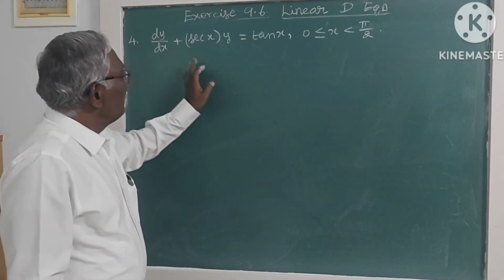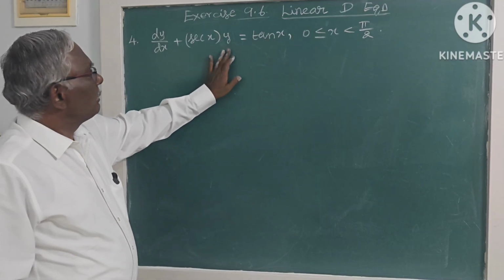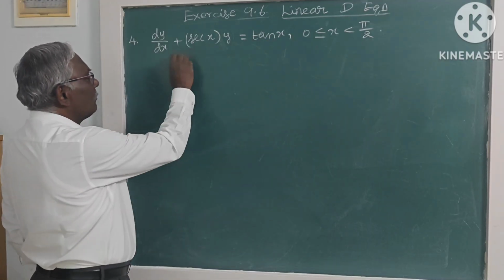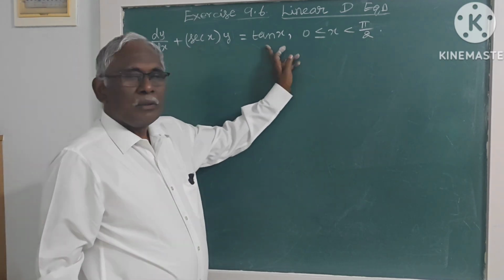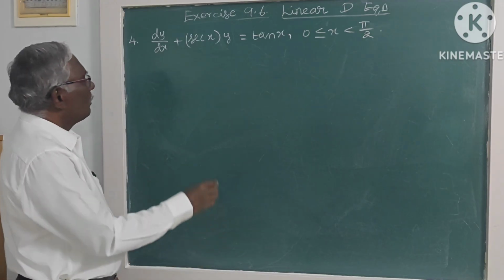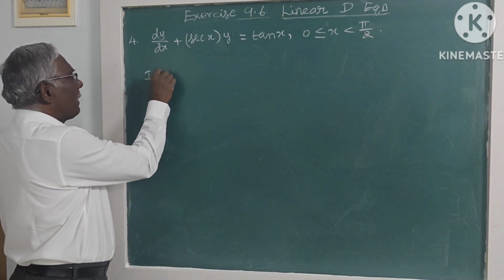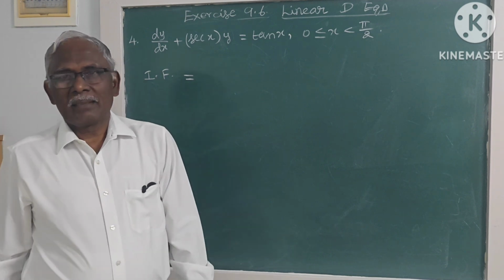On comparing this equation with dy by dx plus py is equal to q, we get p is secant x and q is tan x. Both are functions of x. So what is the integrating factor? E power integral p dx.